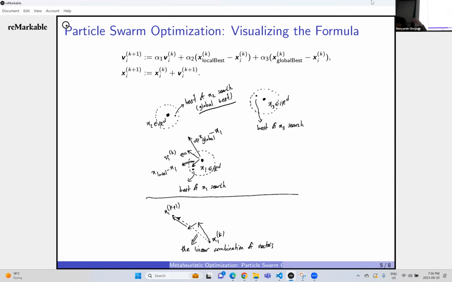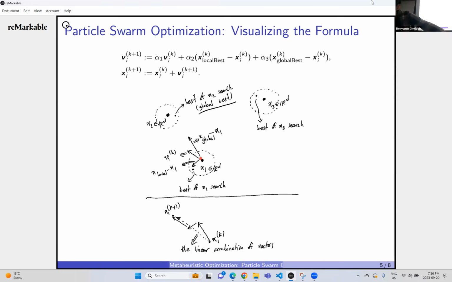Assume my previous velocity vector is this. But why have I started it from here? Because for a vector, I don't care where it starts. It's just a direction and some length. I can move this velocity, but I want to update x1, so I should put its start at x1.